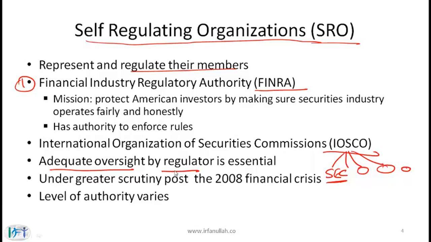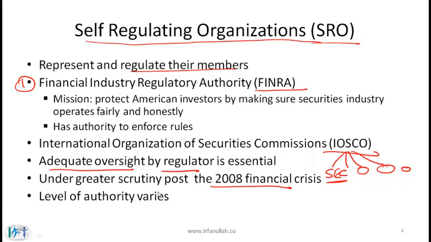If there isn't adequate oversight from the government regulator perspective, then there is a risk that the SRO will essentially look after the interest of the members rather than regulating them. And in fact, post the 2008 financial crisis, the self-regulating organizations have come under a lot of scrutiny.